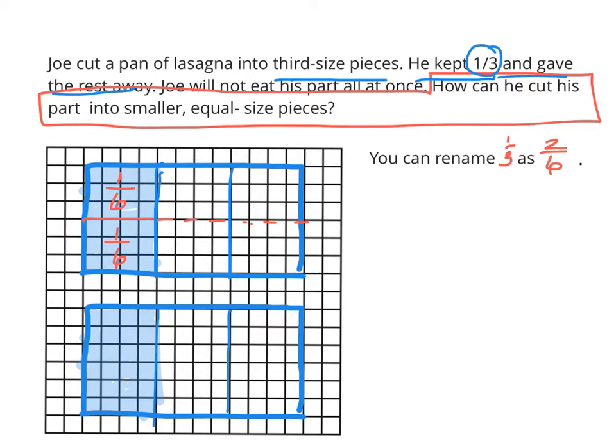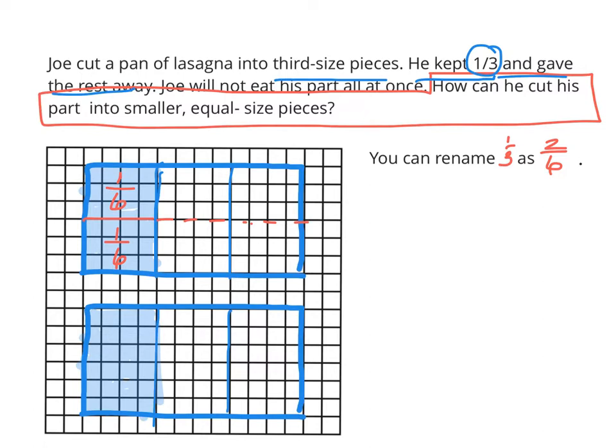Okay, so here is another model of the lasagna that he made. Remember, he cut it into thirds, and we shaded in the portion he decided to keep, which is basically just 1/3, since he cut the whole into thirds and kept one piece out of the three equal pieces.